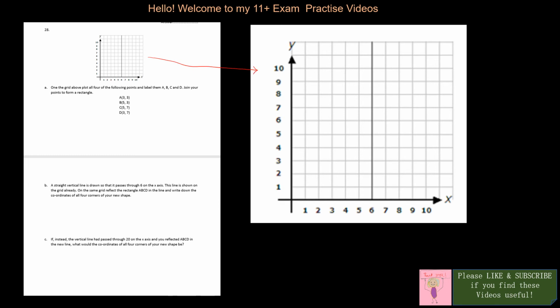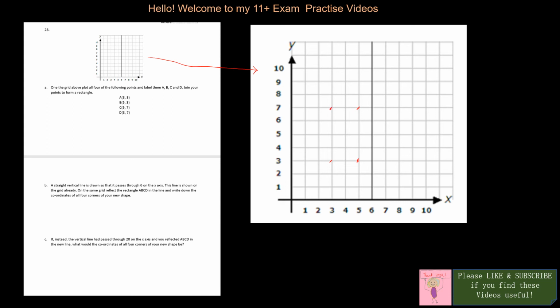So we have to plot these points on this grid, and we have to form a triangle, right? Okay, so let's do it. We get (3, 3), so 3 and 3 is this point, (5, 3) is this point, then (5, 7) is this point, and (3, 7) is this point.